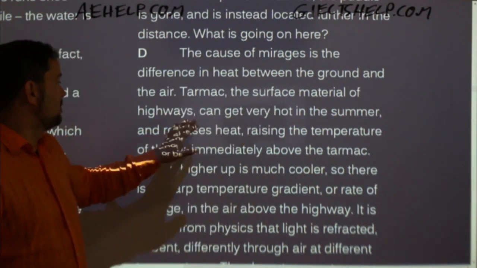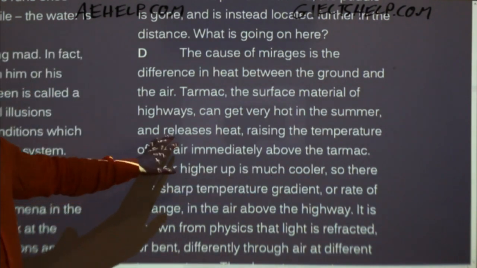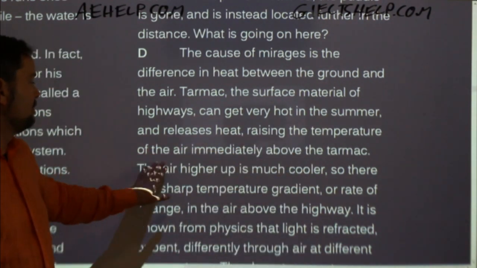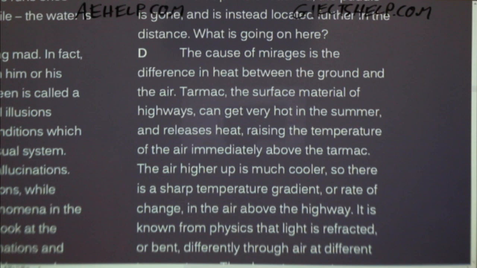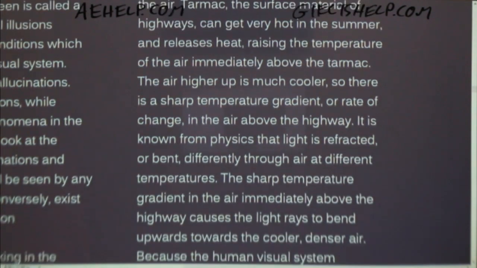Tarmac, the surface material of highways, can get very hot in the summer and releases heat, raising the temperature of the air immediately above the tarmac. The air higher up is much cooler, so there is a sharp temperature gradient or rate of change in the air above the highway. It is known from physics that light is refracted or bent differently through air at different temperatures.